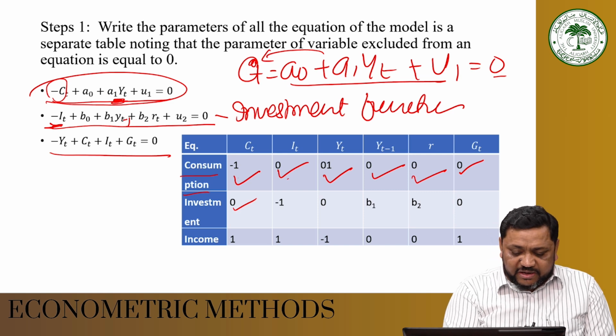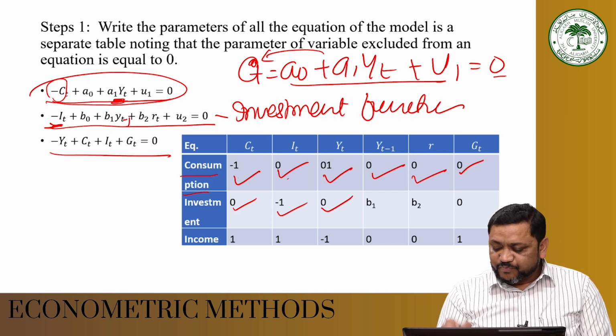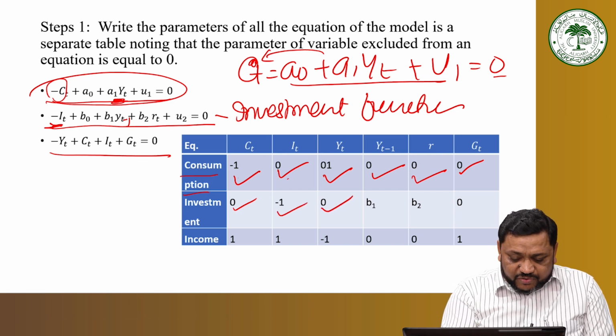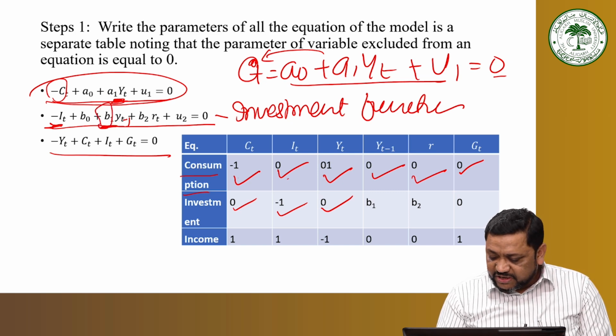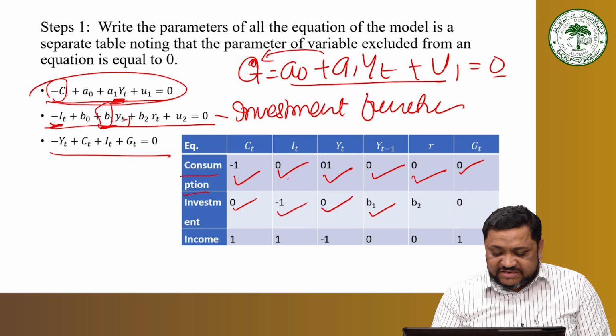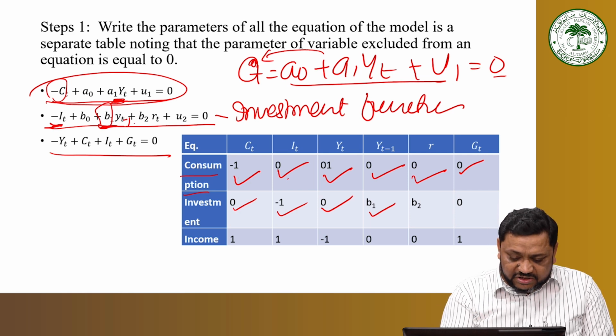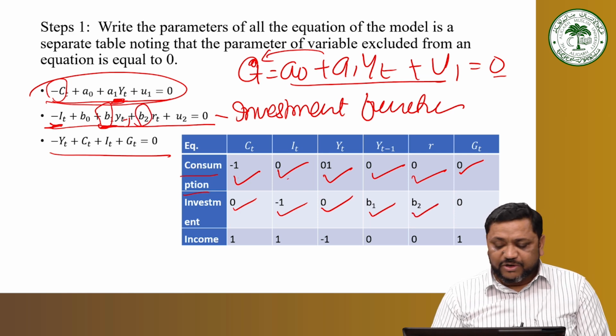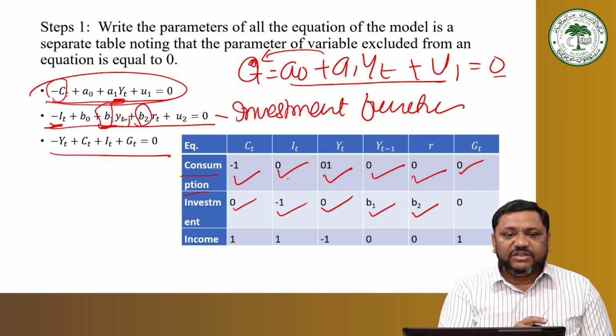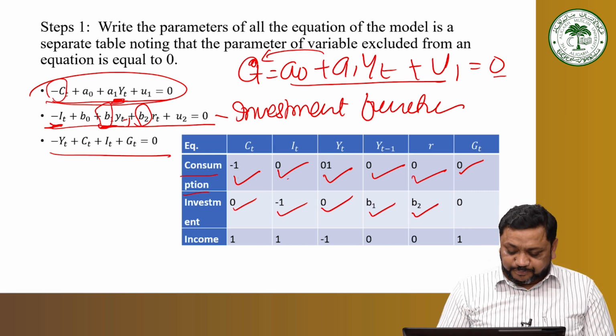Is there Y_t? There is no Y_t over there. Is there Y_t minus 1? Yes, we have Y_t minus 1, and there is a coefficient B1, so we write B1. Is there R? Yes, there is R. What is the coefficient? B2, we write B2. What is the coefficient for G_t? There is no G_t in the investment equation.